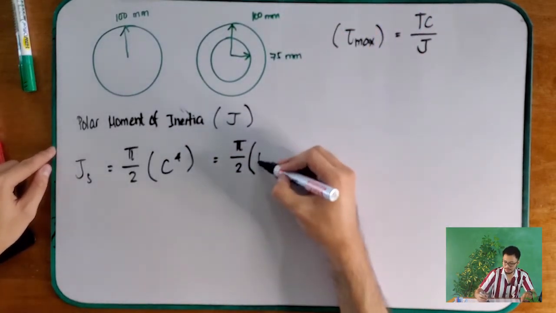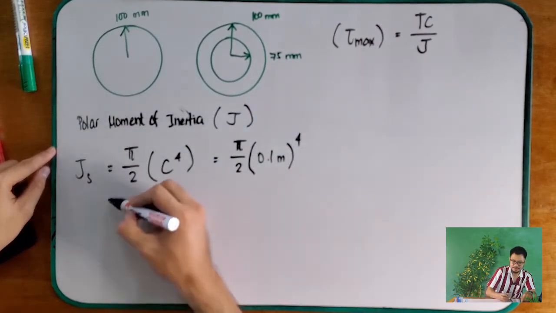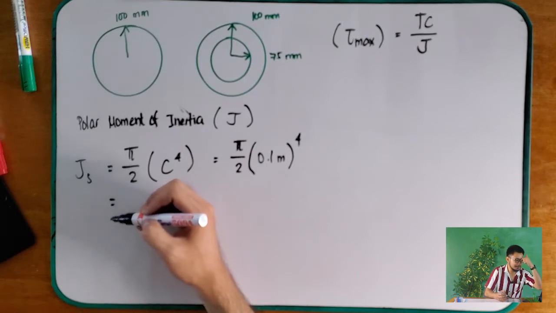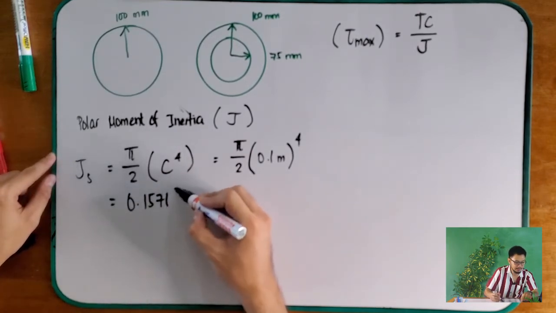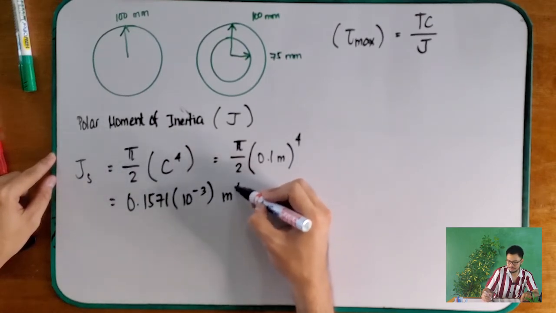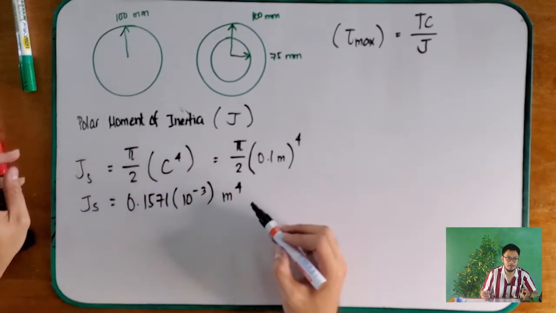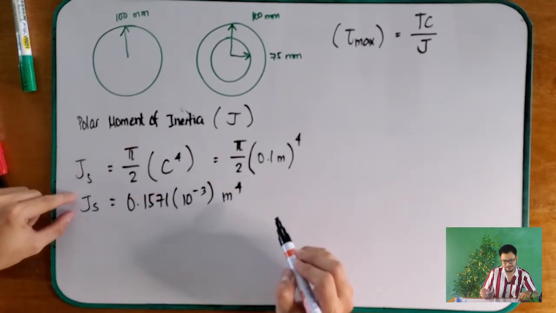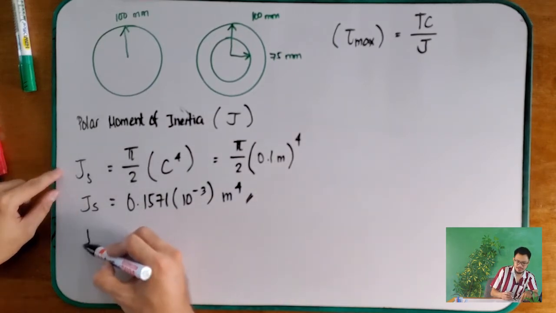So, 0.1 meters to the 4th power. And that is equal to 0.1571 times 10 to the negative 3 meters to the 4th power. This is the moment of inertia of your solid shaft.